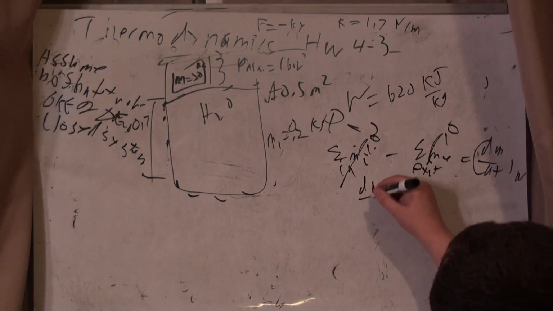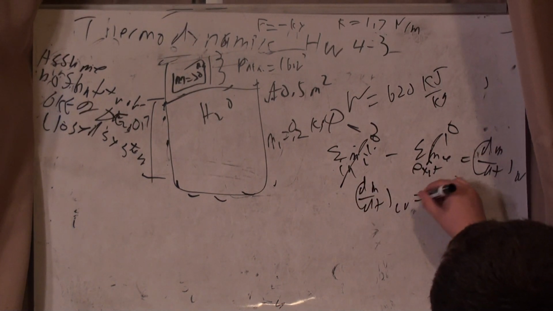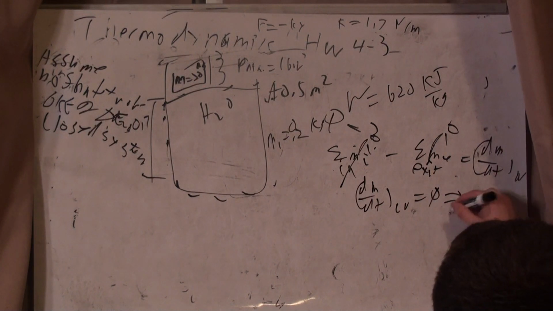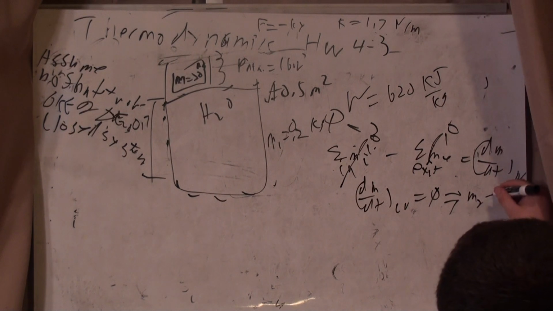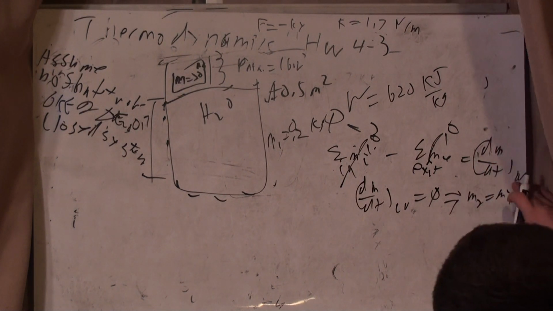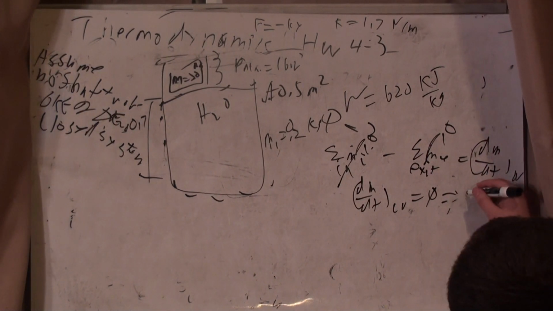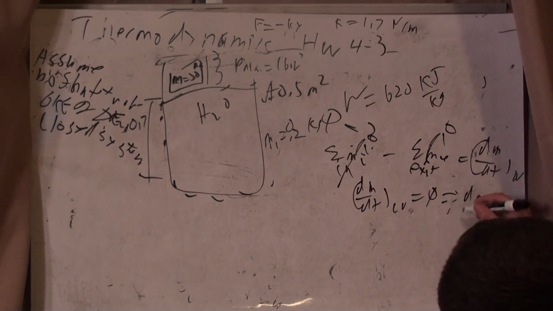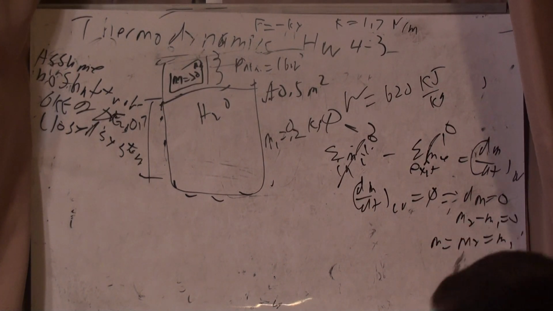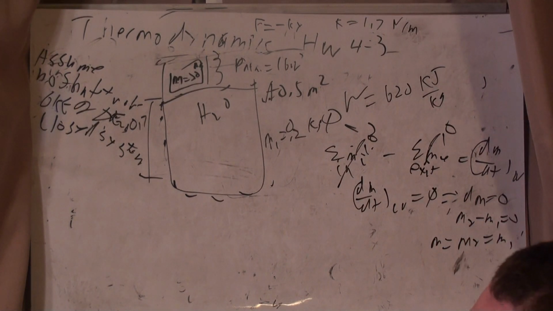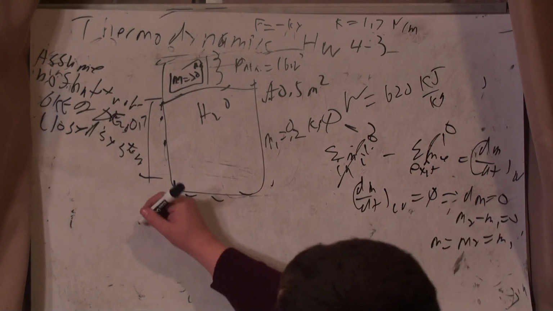So dm/dt of the control volume is equal to 0, which means that m2 is going to equal m1. Let's be explicit about the steps. dm is equal to 0 once we bring time over and integrate, and then we're just going to say that that's my mass. Okay, so mass is constant. Now we do our energy balance.